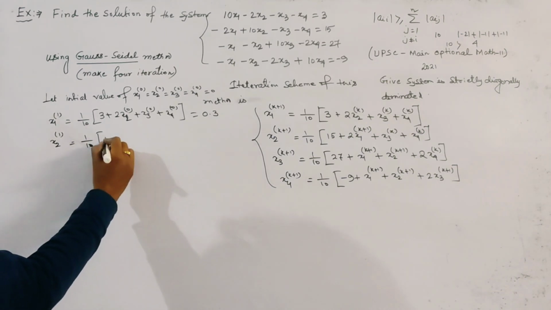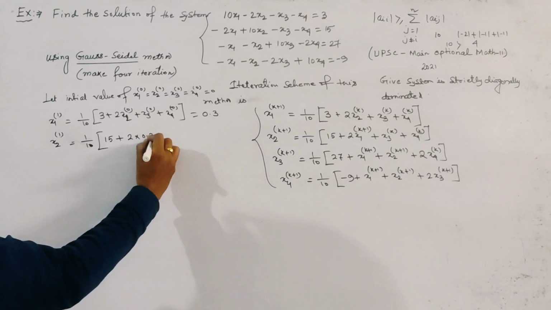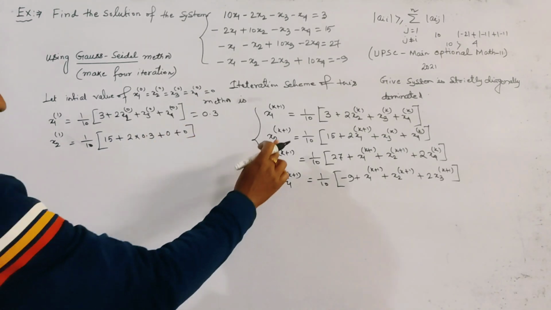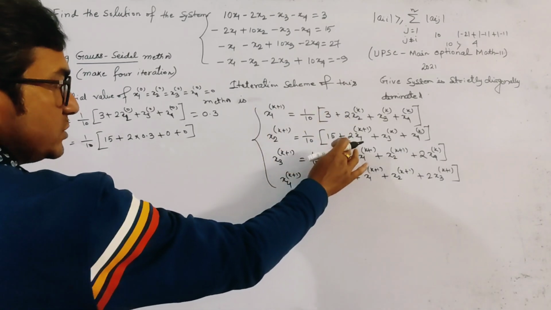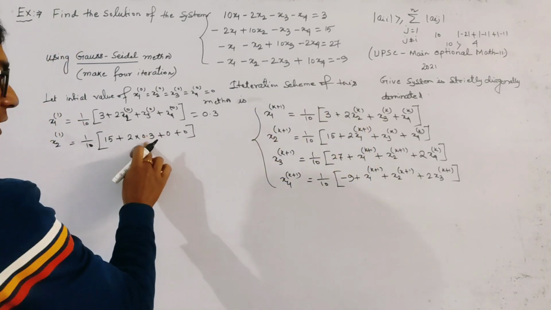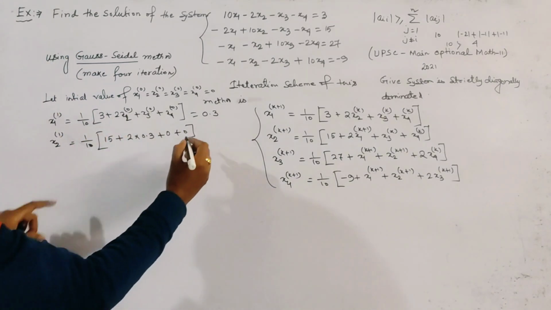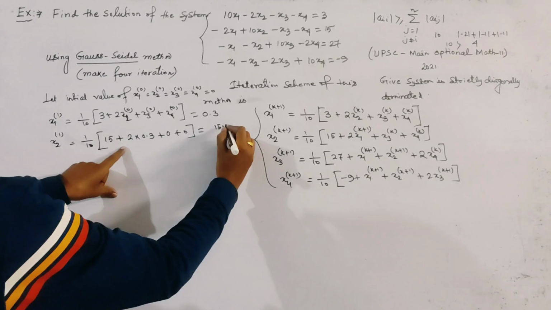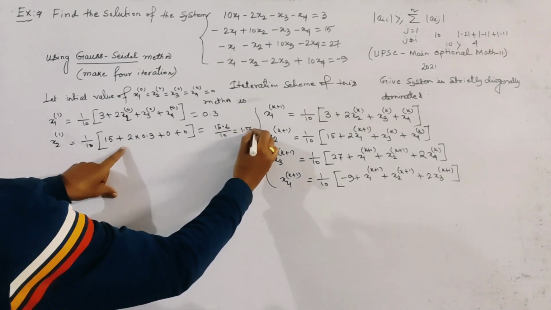Okay, so we get that is 15 plus 2 into 0.3 plus 0 plus 0. Okay, here also we put k equal to 0. Then this value x1 1 we put here, and x3 0, x4 0 we put here. Okay, so we get the value, this is 15.6 by 10, this is 1.56.